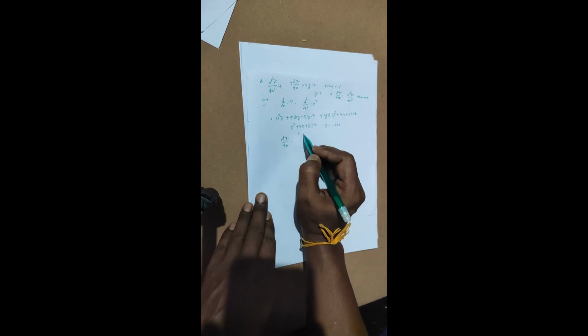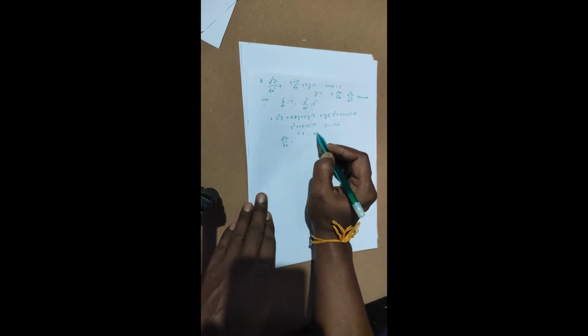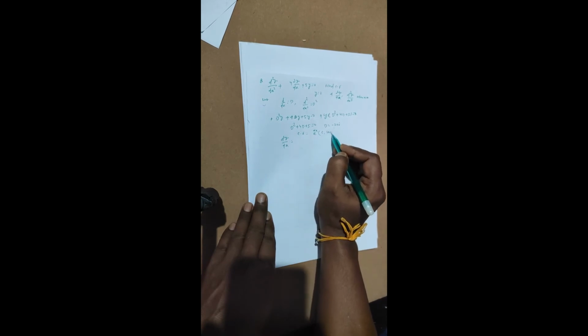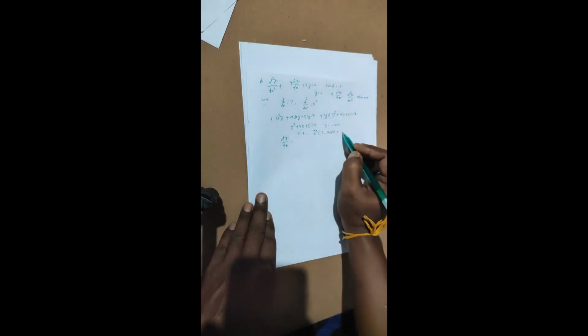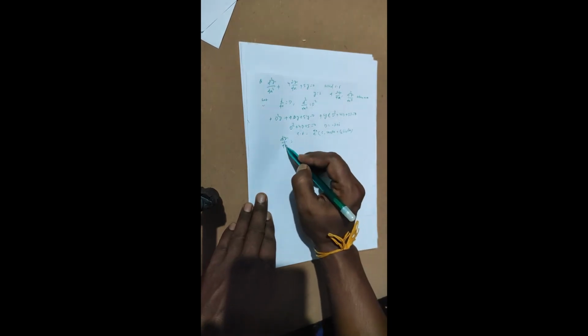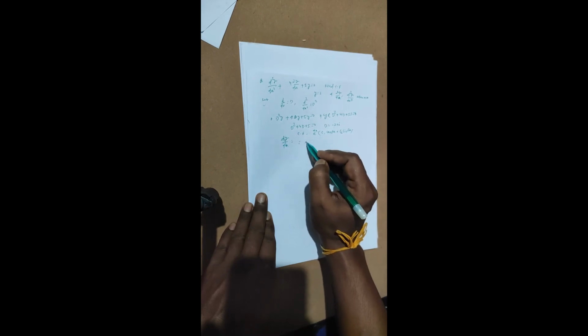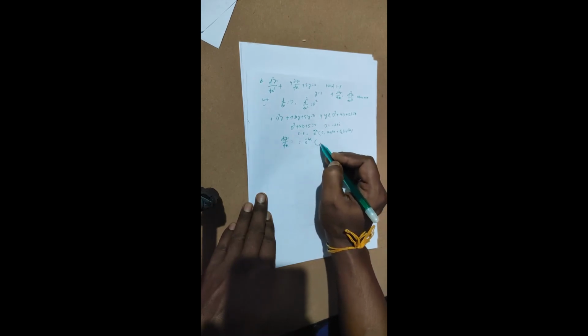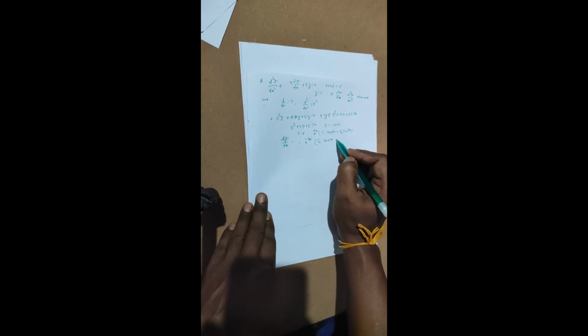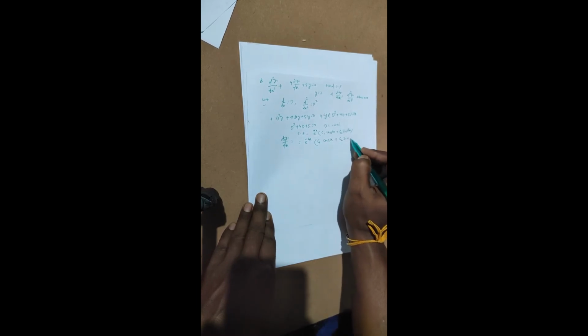The formula is e to the power alpha x (c1 cos beta x plus c2 sin beta x). This alpha value is minus 2, so we can write e to the power minus 2x (c1 cos x plus c2 sin x).